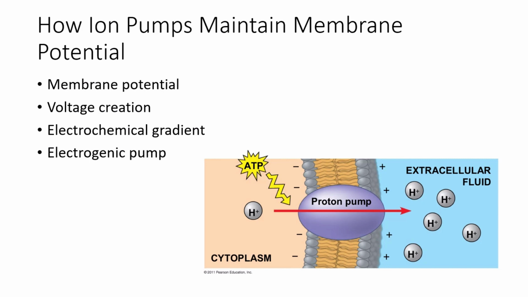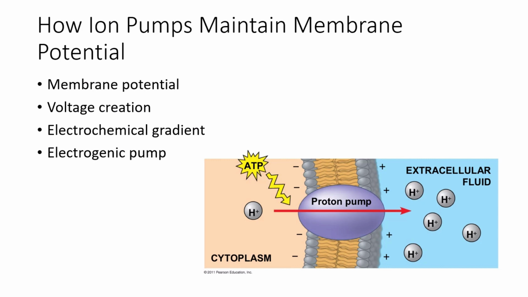An electrogenic pump is a transport protein that generates voltage across a membrane. The sodium-potassium pump is a major electrogenic pump found in animal cells.